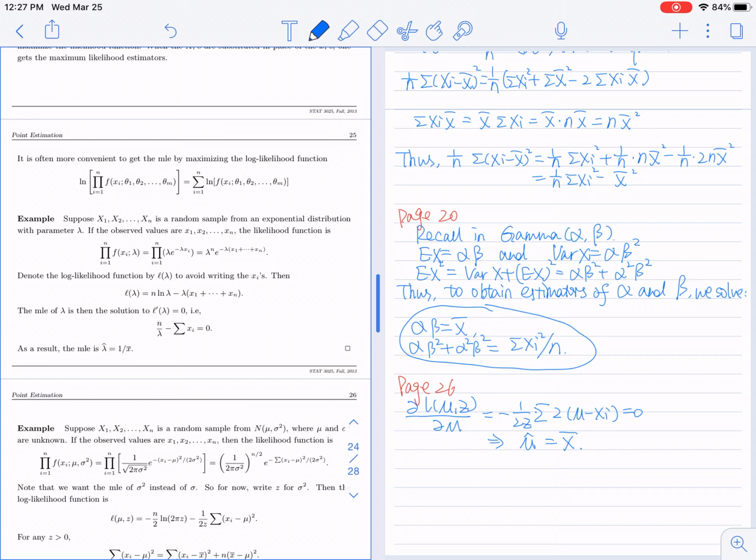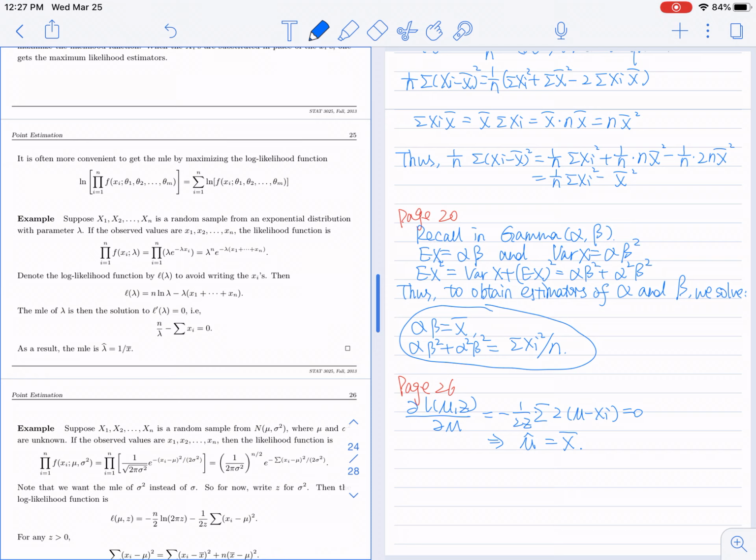The likelihood function will just be a multiplication of the likelihoods, as written in page 25. In order to maximize this likelihood in terms of lambda, we first take a log of this likelihood, which gives us n times log lambda minus lambda times the summation of xi.